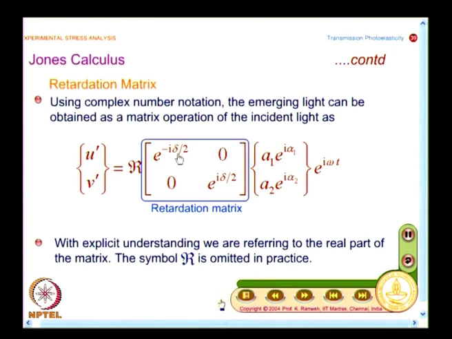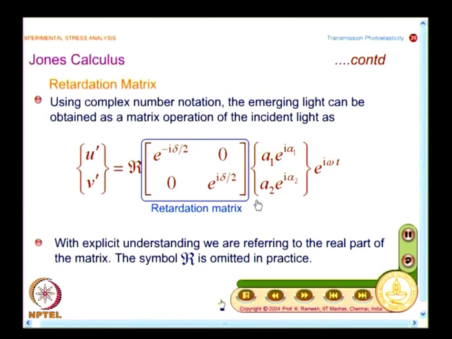Because I understand that this is the slow axis and this is the fast axis. So, because I write my retardation matrix with the first element as e power minus i delta by 2, I should always represent theta referring to the slow axis with respect to the horizontal.